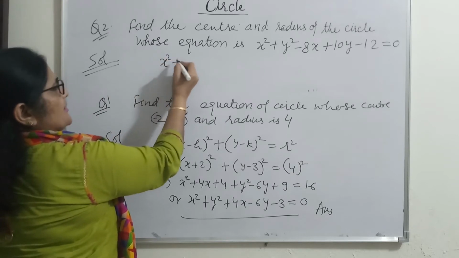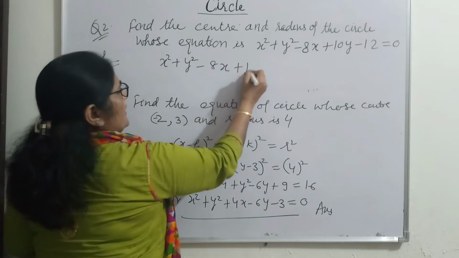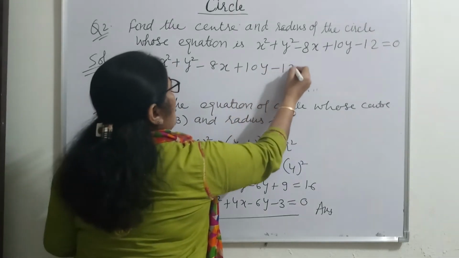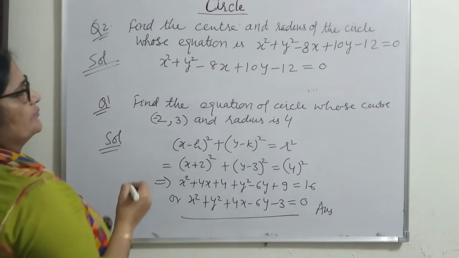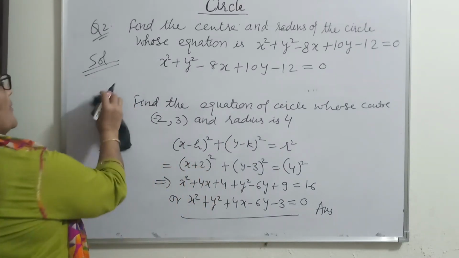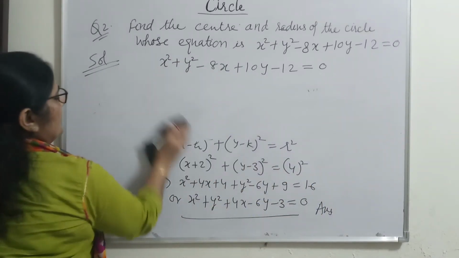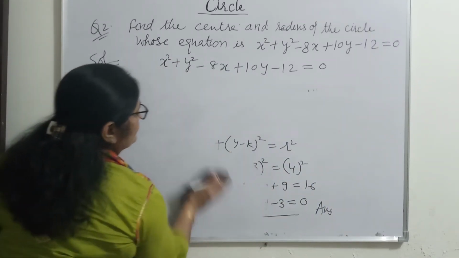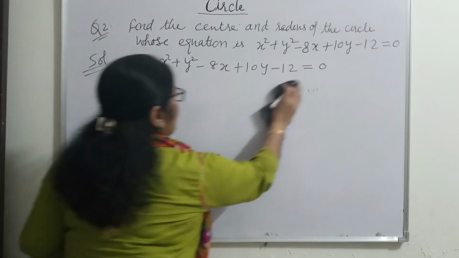Now, as you see, the equation of the given circle is not in standard form. So, what to do? First, we convert the equation into standard form. So, how can we convert?